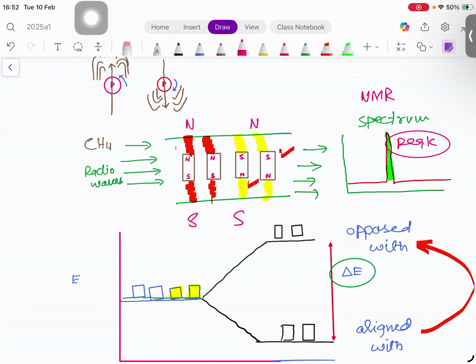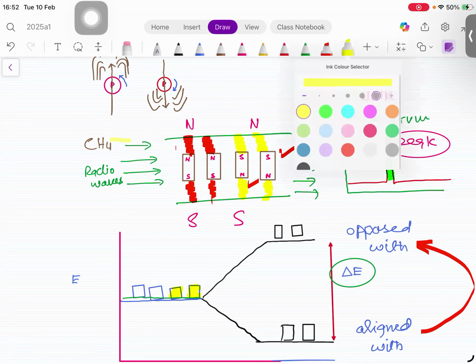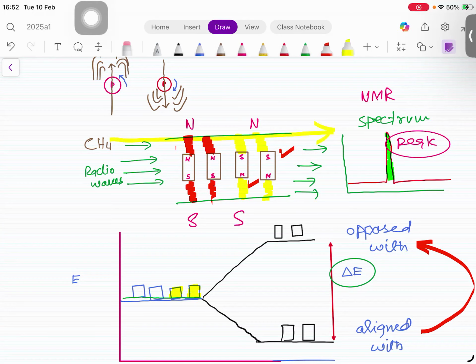The part of the energy that was absorbed from the radio waves would obviously be missing when they come out of this container. So that will appear in the form of a peak in the NMR spectrum.